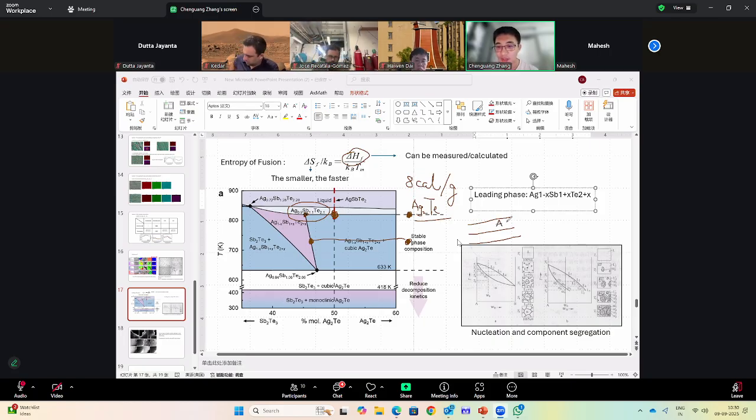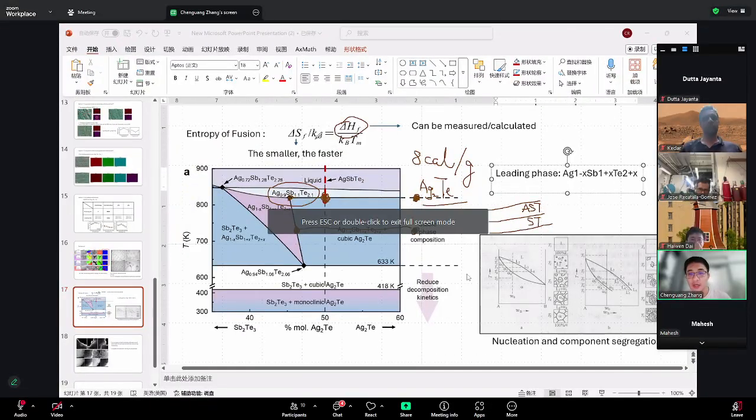This one is an AST, but this one is a ST, right? It shows the lamella structure. So in the grain growth, if the entropy of fusion is quite similar for both compositions, then you are most likely to get this kind of parallel lamella structure, because the growth speeds are almost the same.